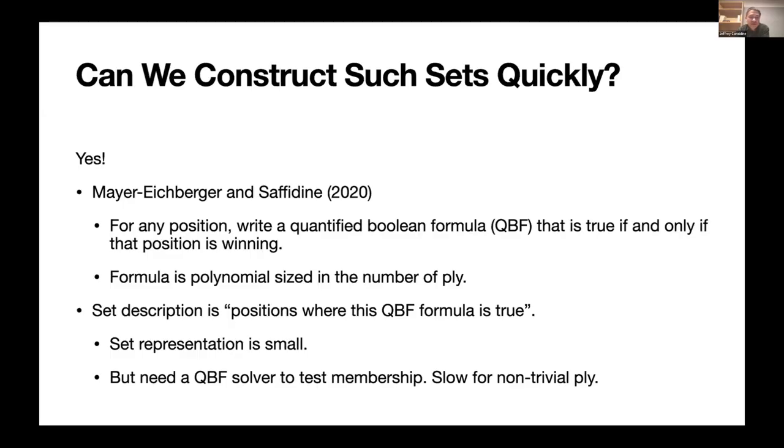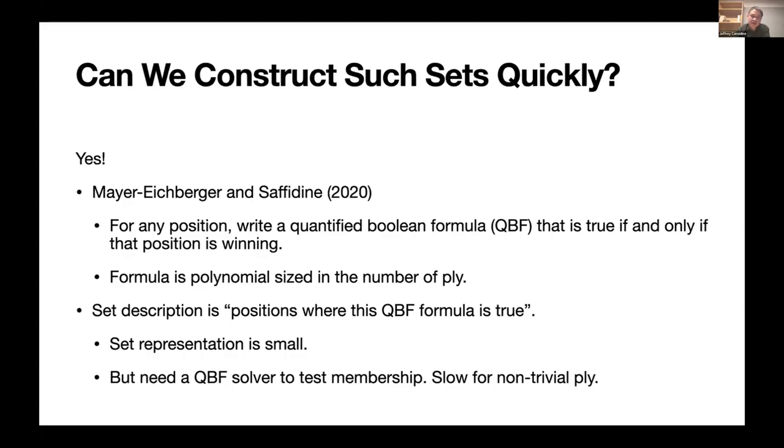So these are very small representations. But the gotcha on these representations is that you need a quantified Boolean formula solver, and quantified Boolean formulas are PSPACE-complete. This is not something we think we can do quickly if we have more than a few ply. So while these are very small representations and are proof of concept that we can compress them down a lot, they are not the most useful ones if we want to evaluate a lot of positions quickly.